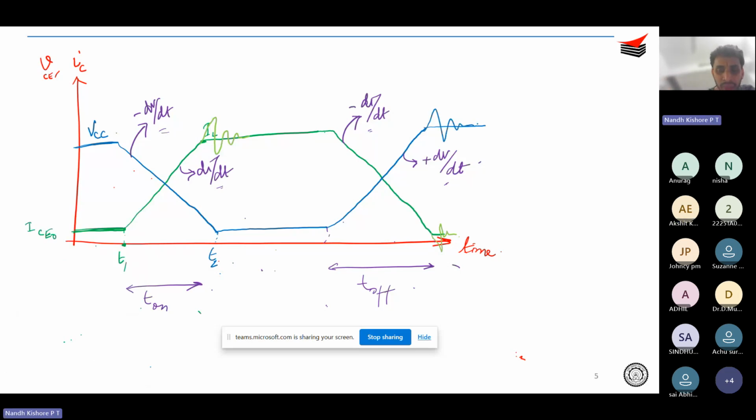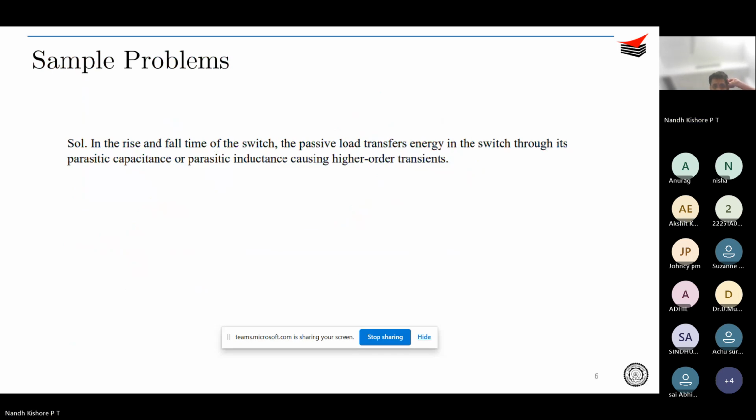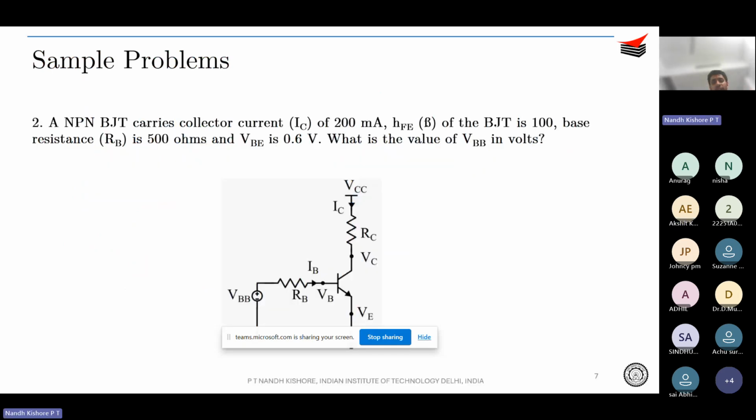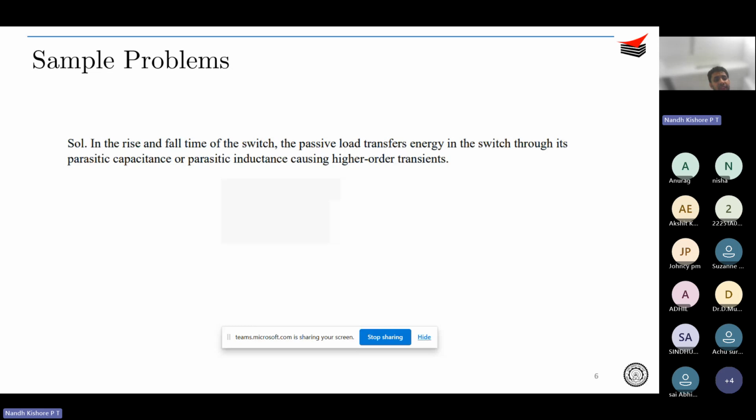You would see something like this. Because of the presence of inductor and capacitor, it's going to have some kind of resonance. It would now be kind of an LCR circuit, so it would then damp out. That's what it would cause, higher order transients, and that's what I just drew right now.